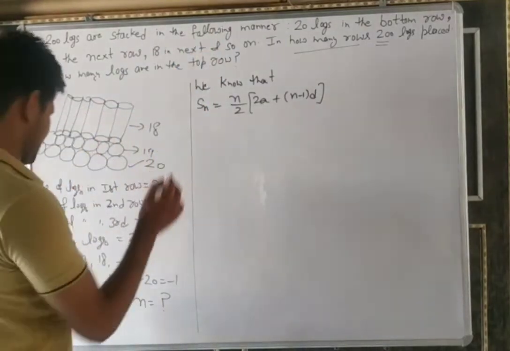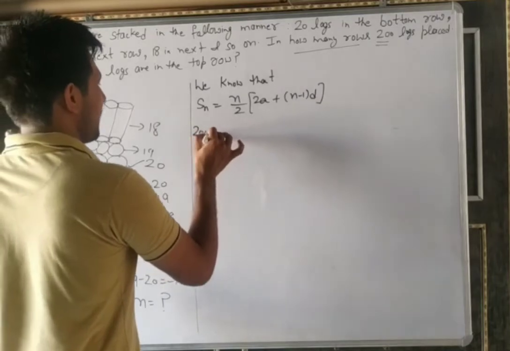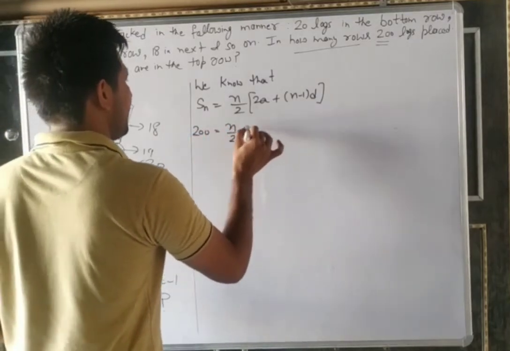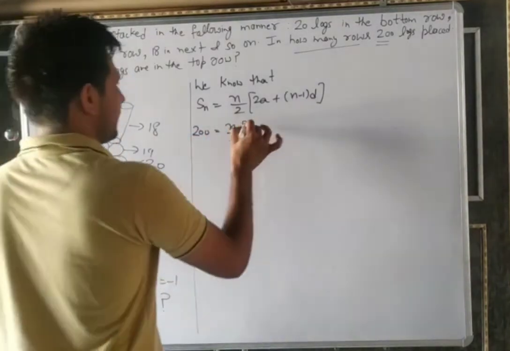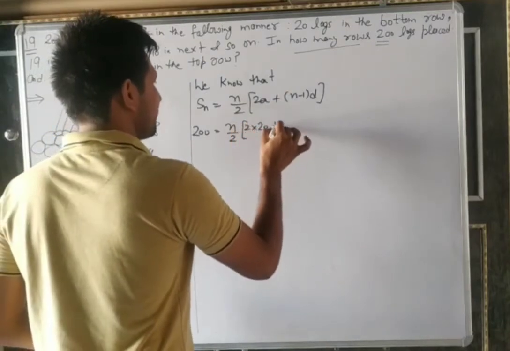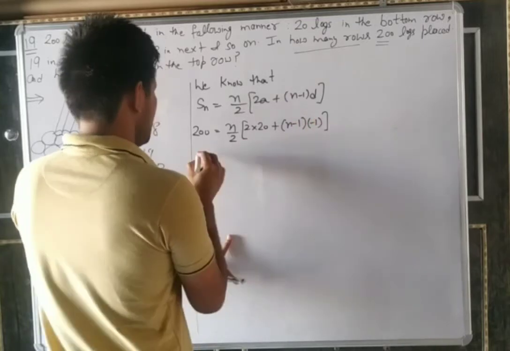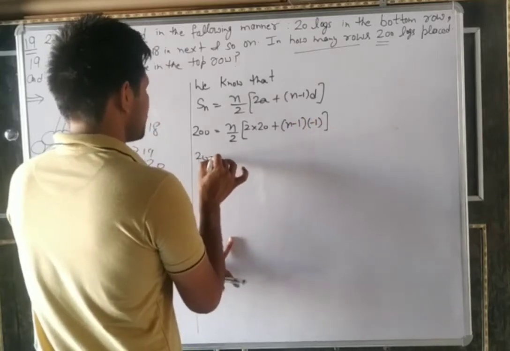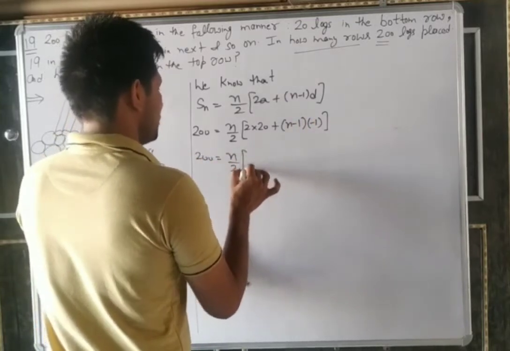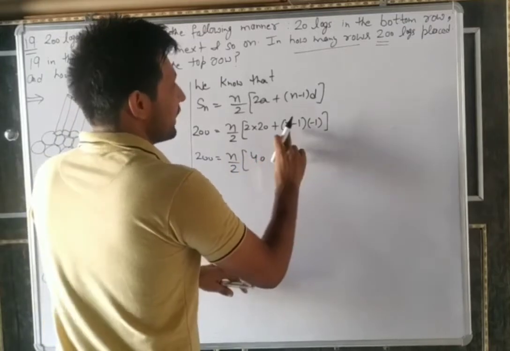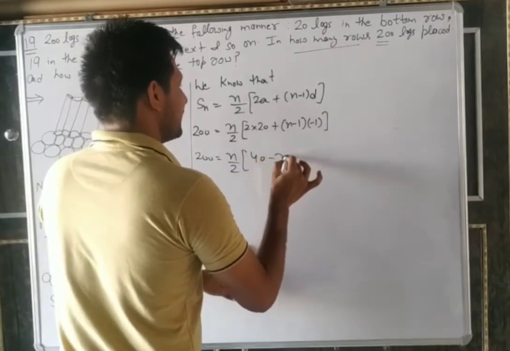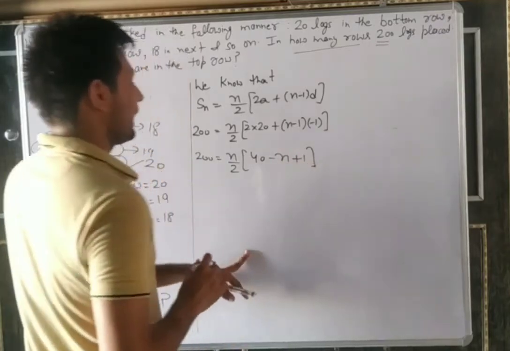Understand here? Sn is 200, n value we want to find, a value 20, 2 into 20 plus n minus 1 into d, d value minus 1. 200 equal to n upon 2 into 40 plus n minus 1 into minus 1, so 40 minus n plus 1. Understand here?